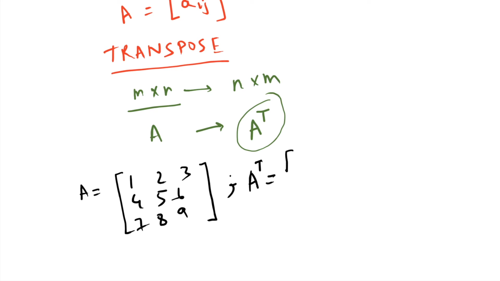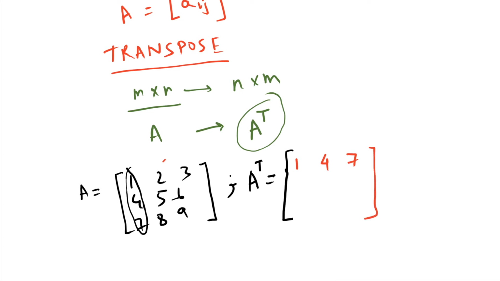Okay. So now we know that the rows of the transposed matrix are the columns of the original matrix. The first column of A is equal to 1, 4, 7, so that becomes the first row of A transpose. So this becomes 1, 4, 7.